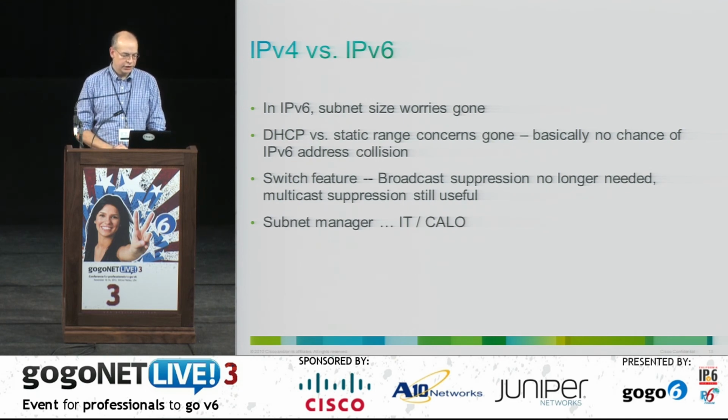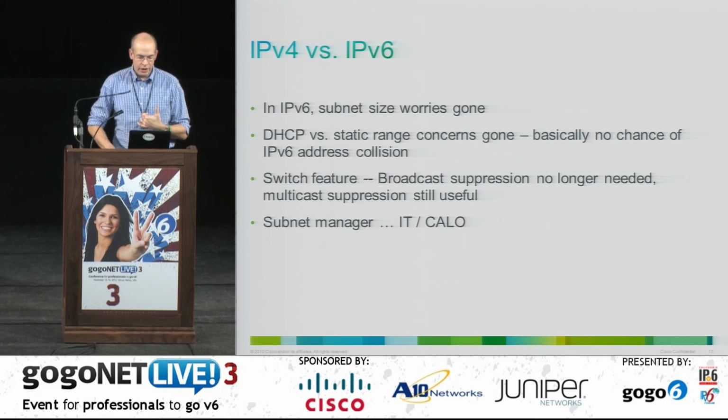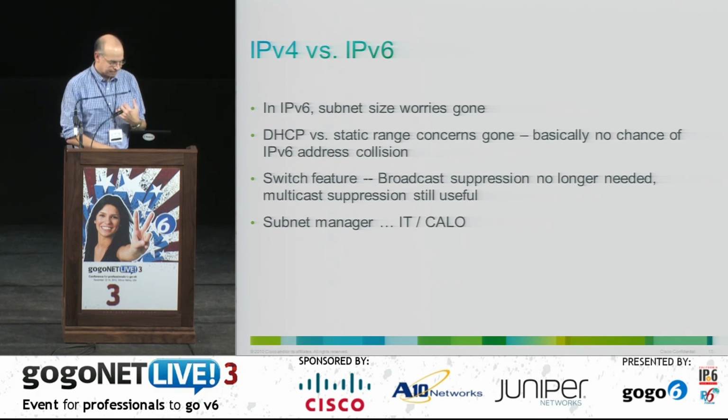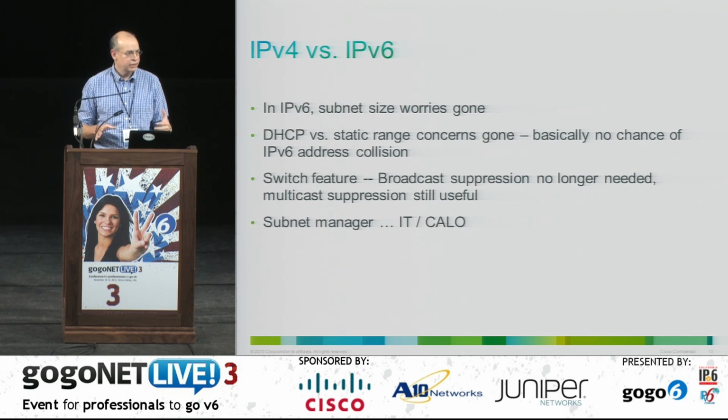So there's almost no chance of collisions there. Another thought, some of our switches support broadcast suppression. Well, IPv6 doesn't have broadcasts, but you still need multicast suppression if you like to have that kind of feature on your switches. And another mundane feature is management.